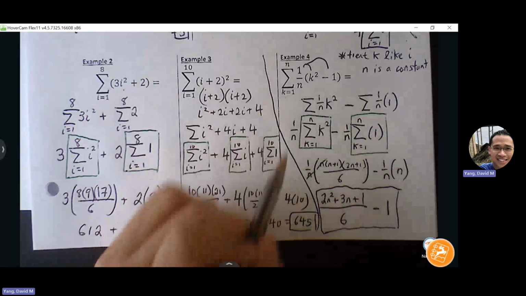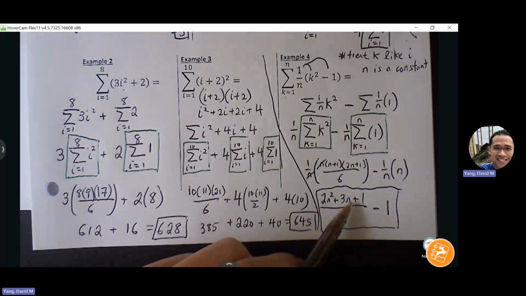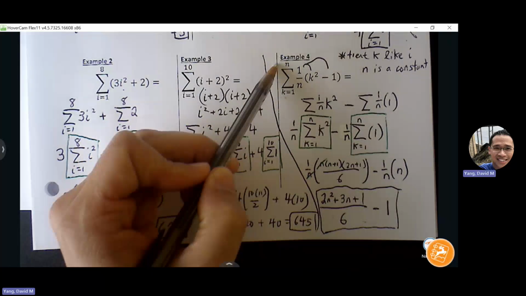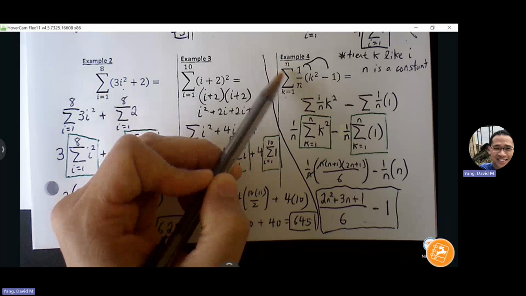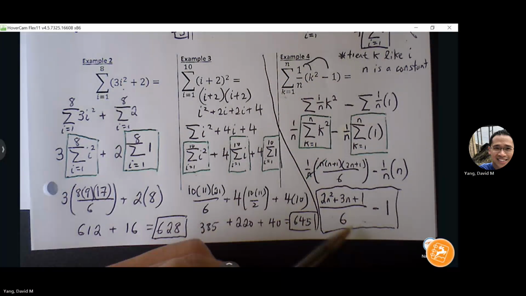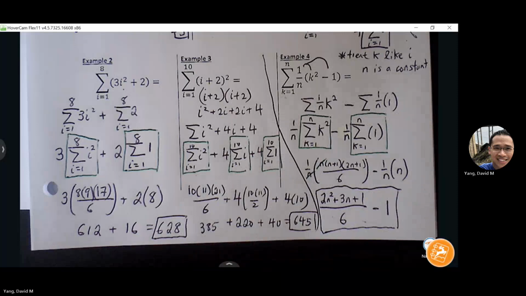If I knew my n value, I'd be able to replace my n with a number and get the sum. But this one gives that flexibility to find the sum for any n value. We can use this. Okay, page 2.